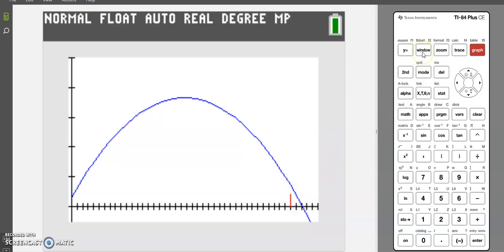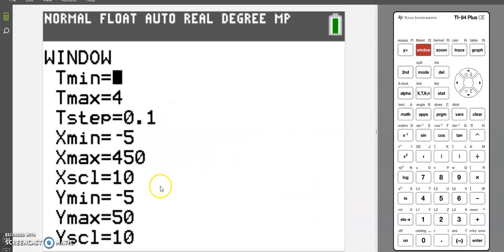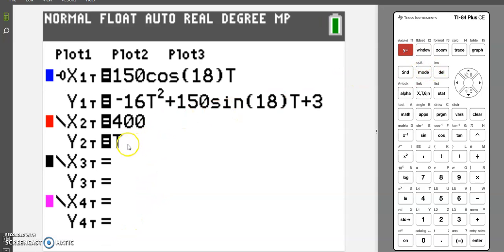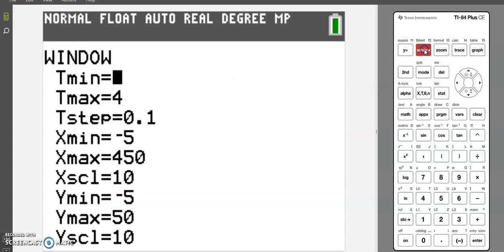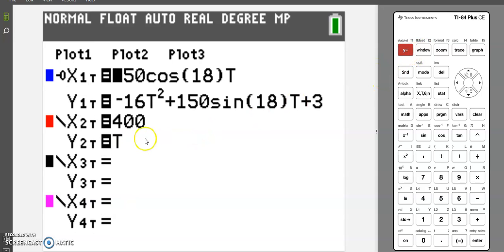So let's go back to our window again and take a look. I'm sorry, to our Y equals, if T runs from 0 to 4 like it showed in our window, that means that fence is only going to be 4 feet high. And since I want the fence to be 20 feet high, what do you think I need to make this?